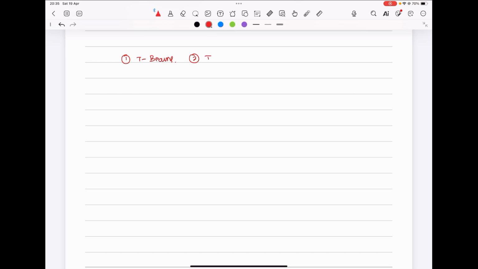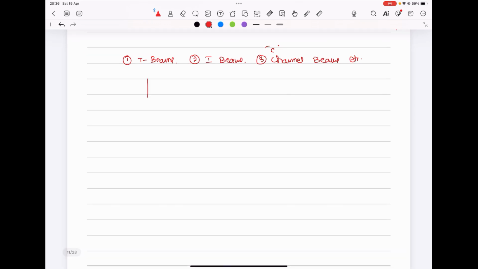Second, I-beams. Third, channel beams, C-channel beams, etc. That means T-beam is this shape, I-beam is this shape.